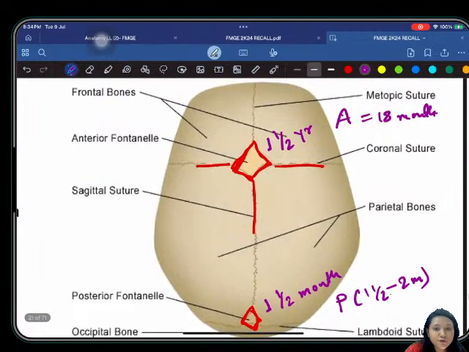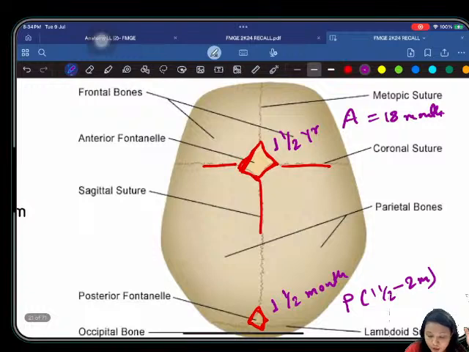So it is very easy to remember: 1.5 month is the posterior fontanelle, which closes first, and the anterior fontanelle is 1.5 year, that is 18 months. You can remember that 1 year is 12 months and half a year is 6 months, so 18 months.